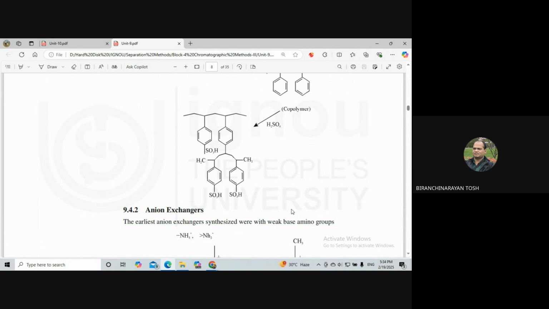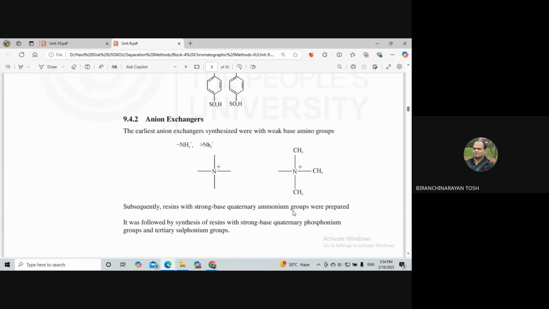So about the anion exchanger, the earliest anion exchangers synthesized had weak base amino groups like NH3+ and NH2+, also having no double bond, two linking groups will be here. So this is the structure NH3+ and this is trimethyl ammonium. It is simple ammonium.